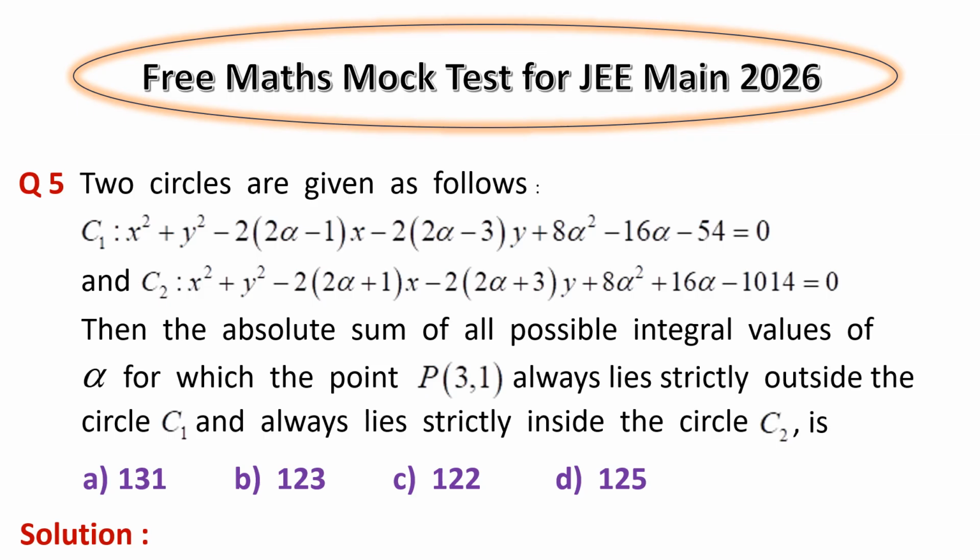We put x equal to h and y equal to k in the expression S and call this quantity S1. If S1 is positive, then we say the point lies outside the given circle, and if S1 is negative, then we say the point lies inside the given circle. Now let's move further and solve this question.